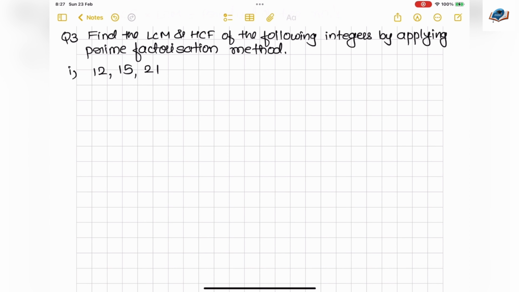Now next question says find the LCM and HCF of the following integers by applying prime factorization method. So 12 factor I can do orally, that is 4 threes are, so 4 means 2 into 2 into 3. 15 is 3 fives are. And 21 is 3 sevens are.